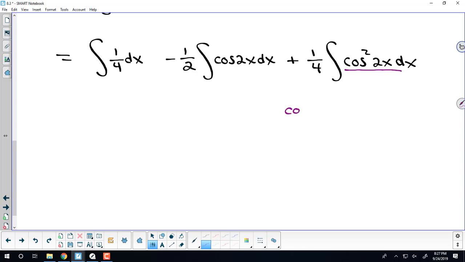So how could we rewrite cosine squared of 2x? 1/2 times 1 plus cosine of 4x, or that over 2.